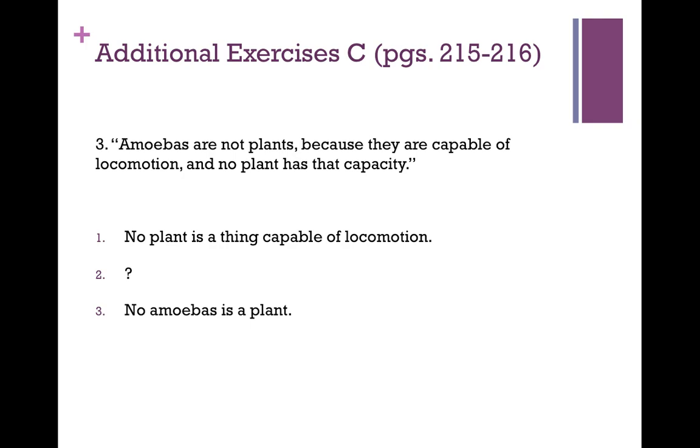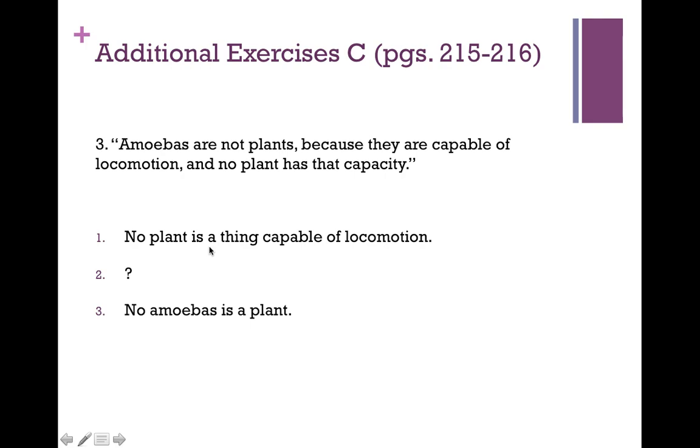Now notice I have already put this into standard form because the initial sentence is no plant has that capacity, but notice that's lacking our copula. And also has that capacity doesn't name a class by itself, so we have to change that. And clearly when it's referring to that capacity, it's talking about locomotion. So here's how I wrote it and put it into standard form.